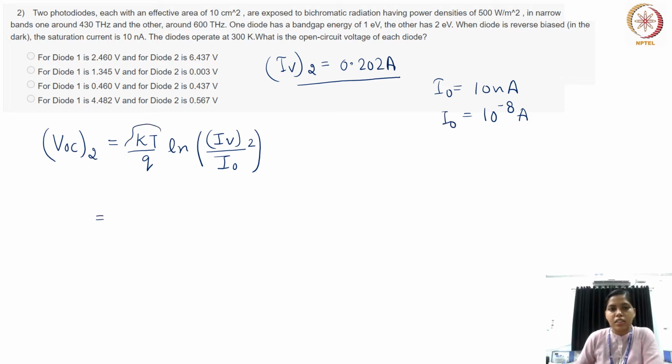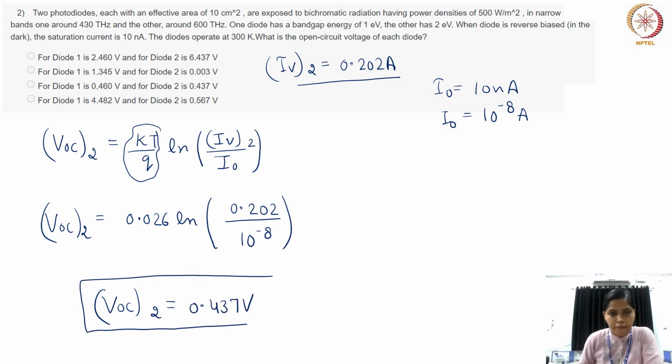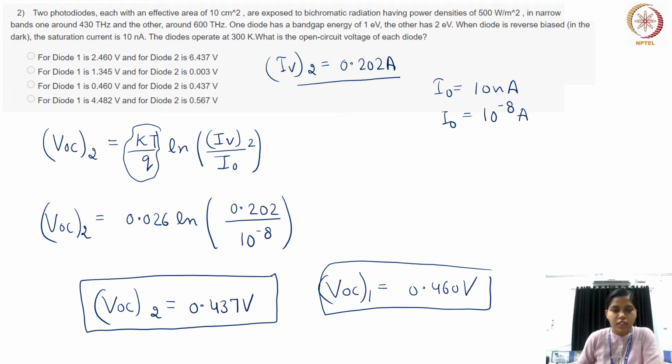The constant value is 0.026 volt, multiplied with ln of 0.202 divided by 10 raised to the power minus 8. When you solve this, it will give you 0.437 volt. So photodiode 1 has an open circuit voltage of 0.460 volt, and the second photodiode has 0.437 volt. Out of these, option number 3 is the correct answer. Is it clear?